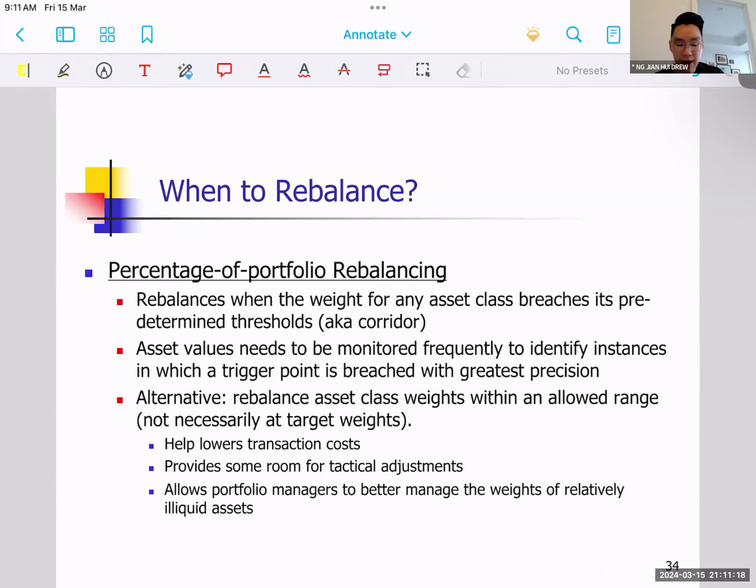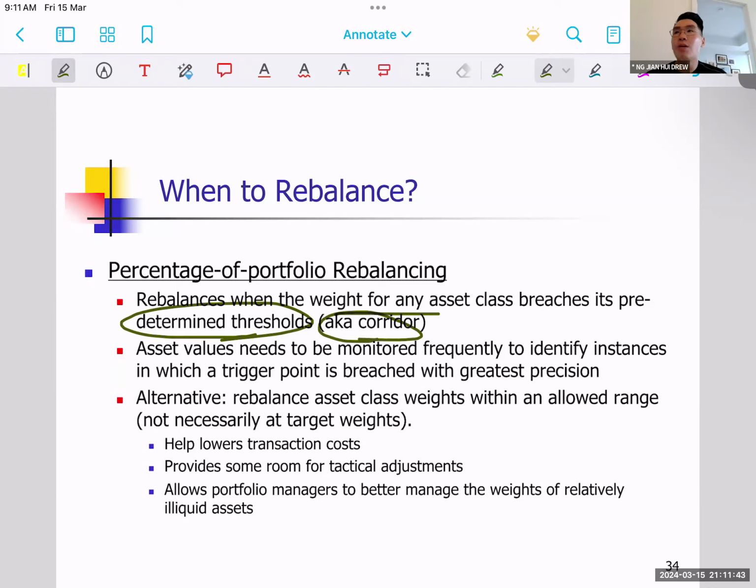So next, when to rebalance, percentage of portfolio rebalancing. We rebalance when the asset weight of the portfolio has breached a certain threshold. So this one, we are given a small threshold here. It can be like plus minus 2%. So if it breaches the plus minus 2%, we have to rebalance. And this plus minus 2% is called the corridor.